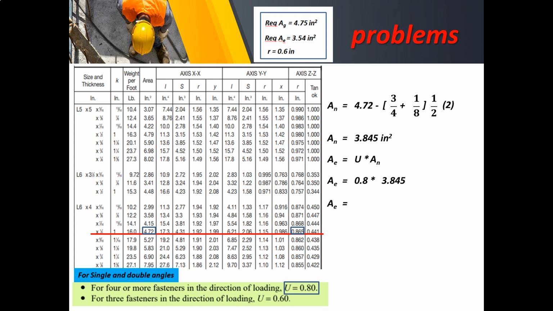Hence, the effective area will be equal to 3.08 square inches. Comparing this 3.08 to our required AE, it is actually less than the required AE. The indication is that the chosen cross-section would not be sufficient to resist the loading. Hence, we tag that as NG, or no good.